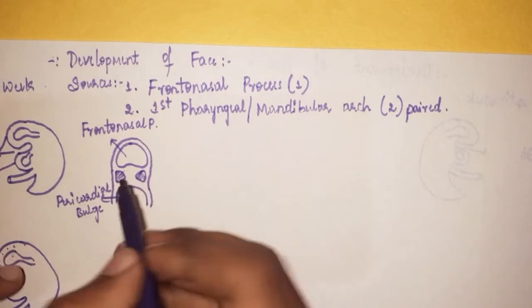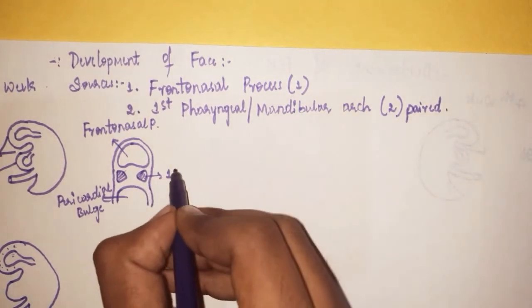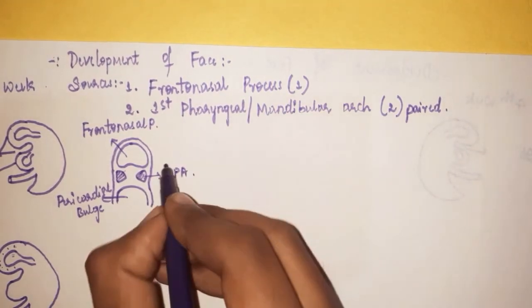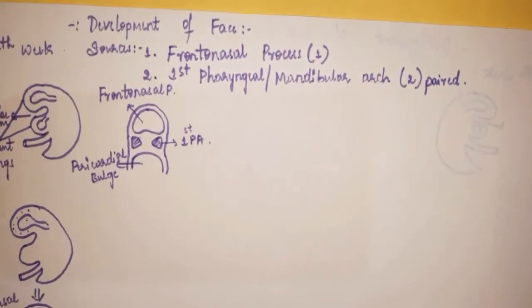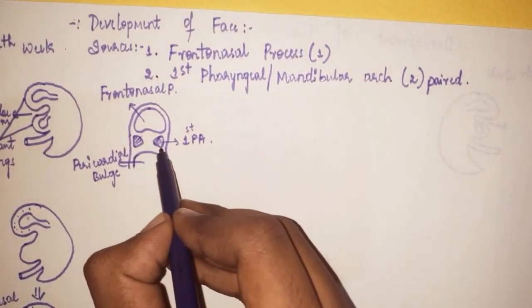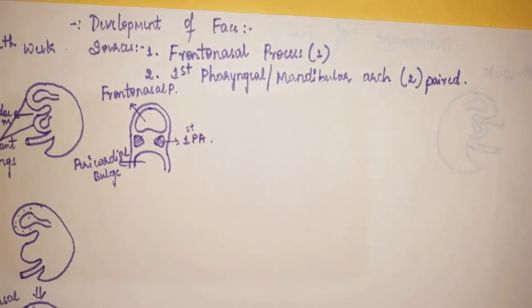These two are the mandibular arches, or first pharyngeal arches. This is the ventral side of the first pharyngeal arch, and this is the dorsal side.